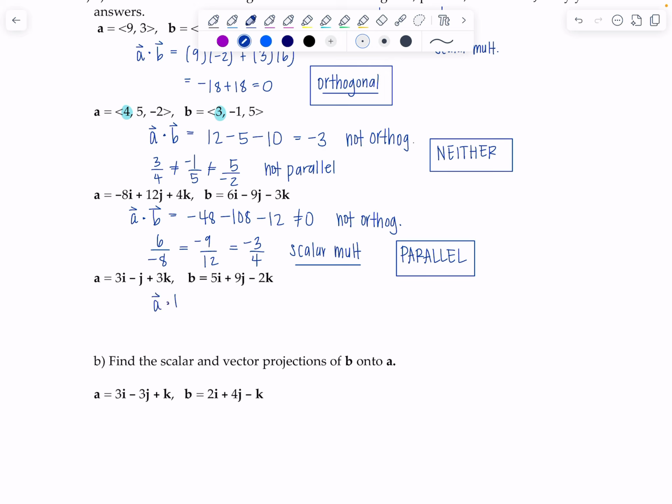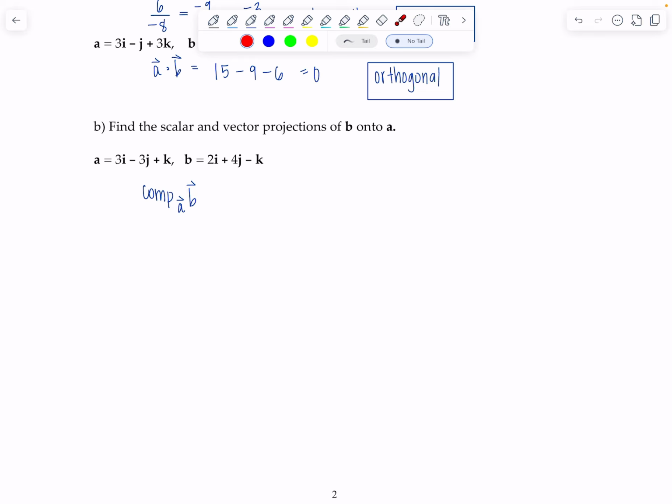The scalar projection we write as comp, because it's basically the scalar component of vector B along A. The vector that you're projecting onto goes at the bottom, like a subscript, and the vector that you're projecting is the argument. The way we compute it is we take A dotted with B and then divide by magnitude A. This quantity should be a scalar because it's a scalar projection.